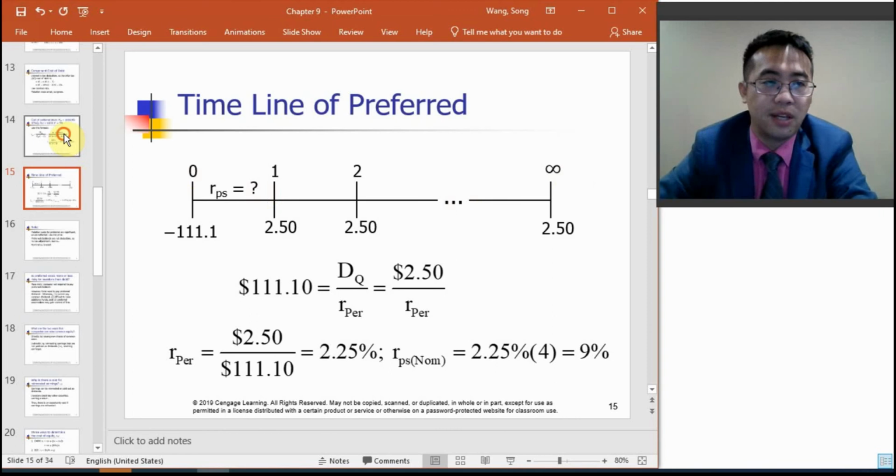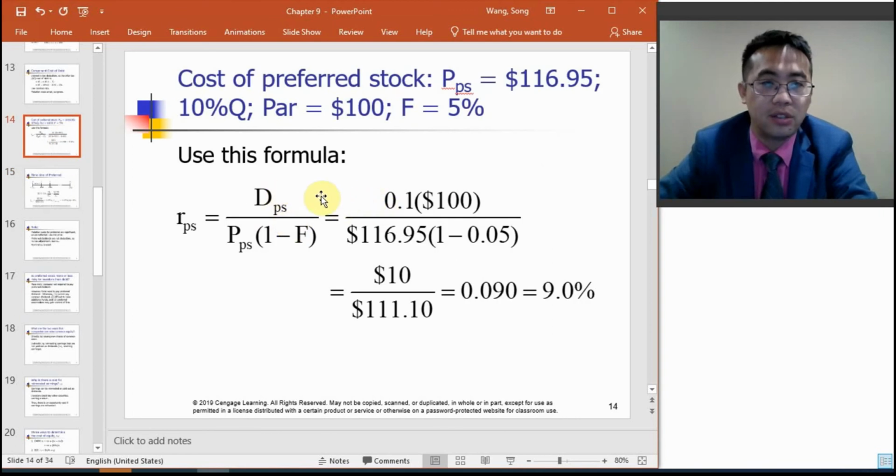In the previous exercise, you see there's no place where I incorporated the quarterly frequency. I don't divide 0.1 times 100 by 4. I don't divide the $10 by 4, because the frequency does not matter in this case.